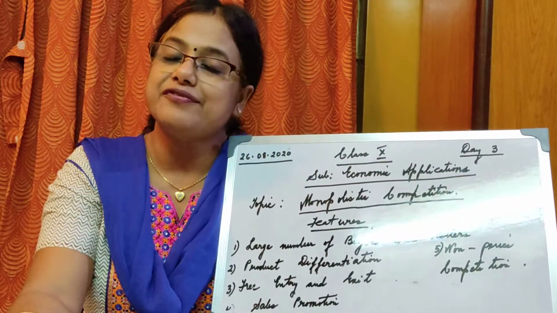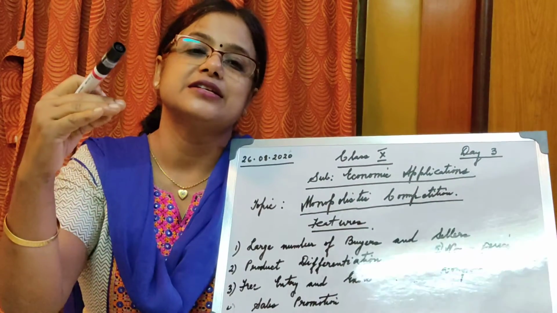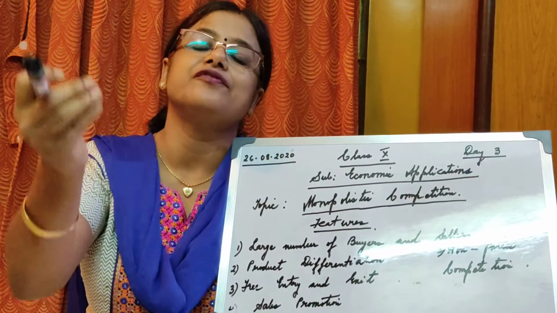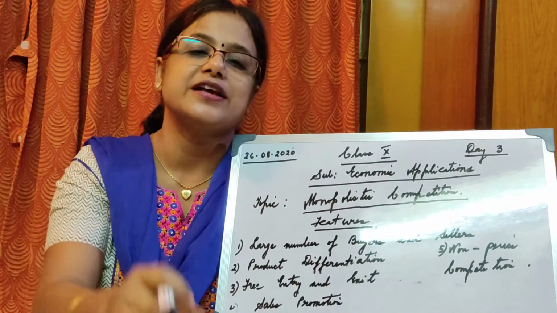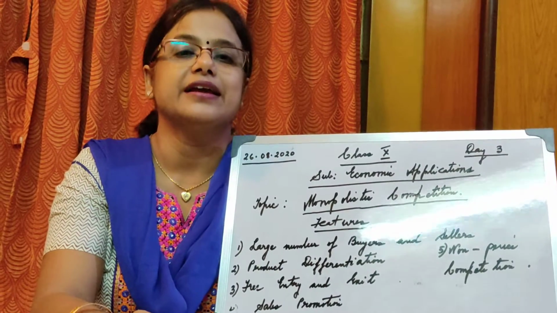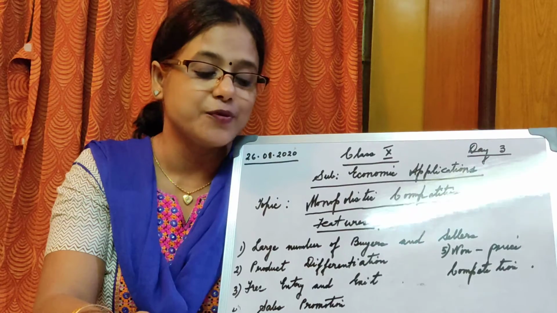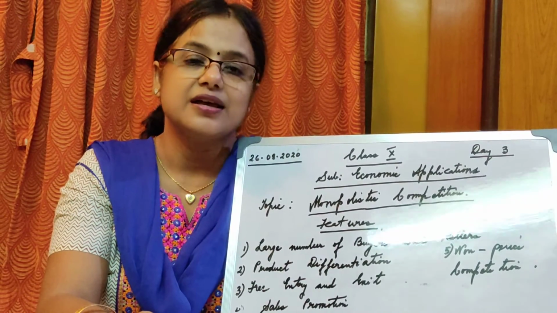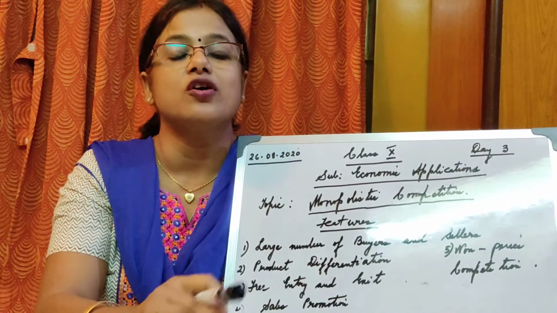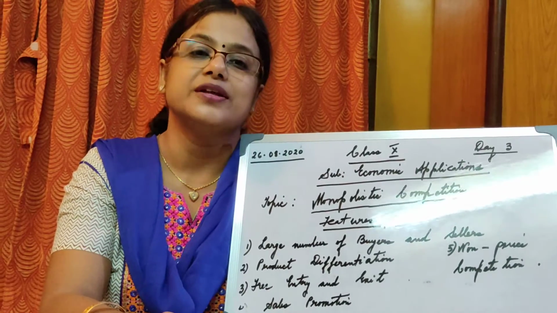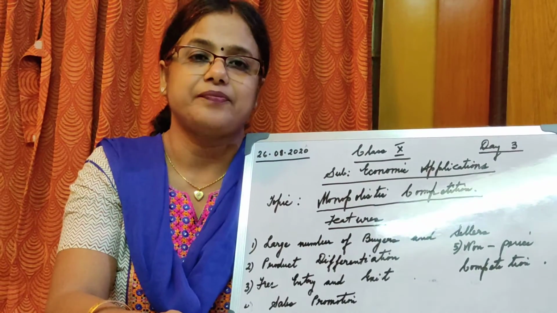But if the seller is located in a distant place, for the same commodity, we will not take. This type of differentiation is known as differentiation based on the conditions surrounding the sale of the product.